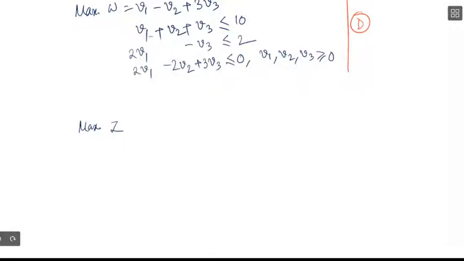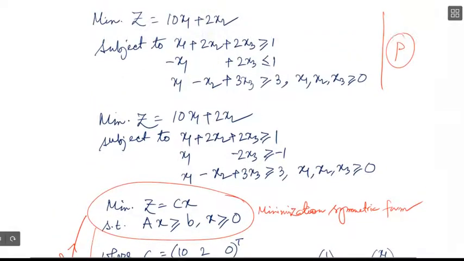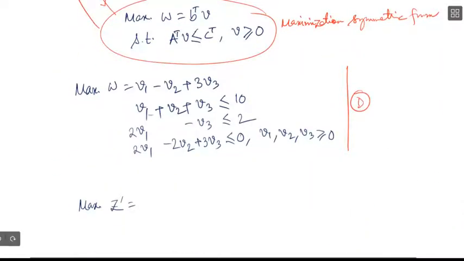Maximize z dash equals minus 10x1 minus 2x2, and no other variables will be there.